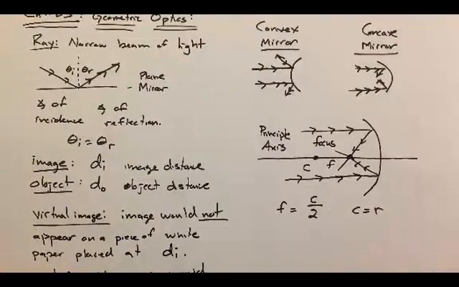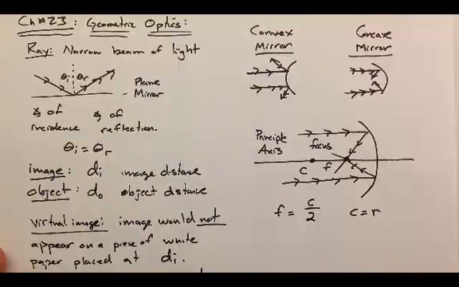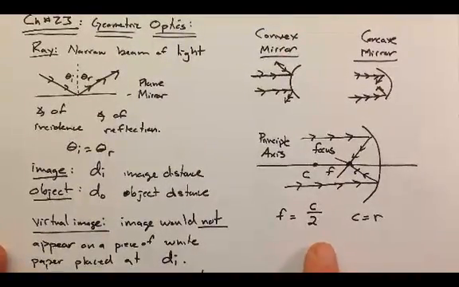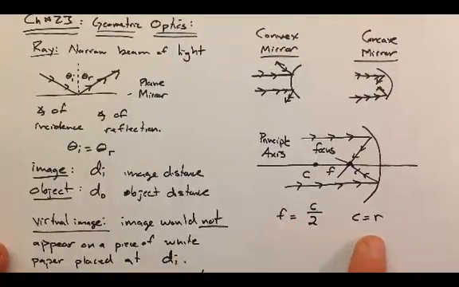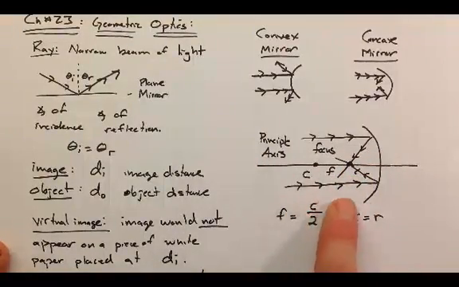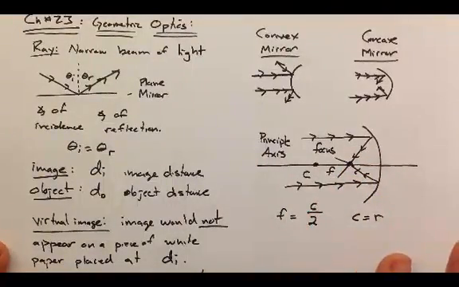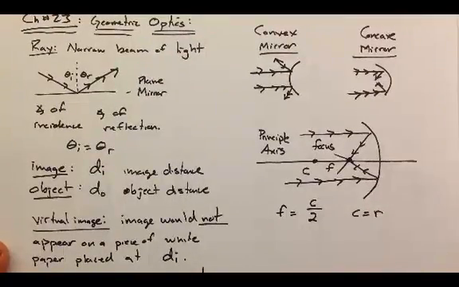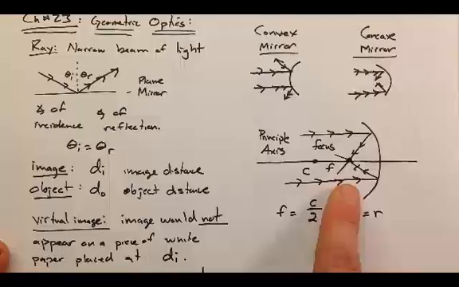So to figure out, predict what things might look like, we draw what we call ray diagrams. And that is, we just draw different rays of light coming in and bouncing off of our curved mirror in different ways. A little bit of terminology here.